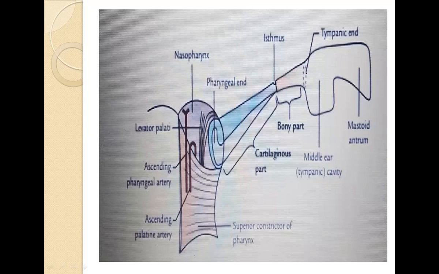It is present posterolaterally, between the tympanic and the petrous part of the temporal bone. Consider this to be a bone.